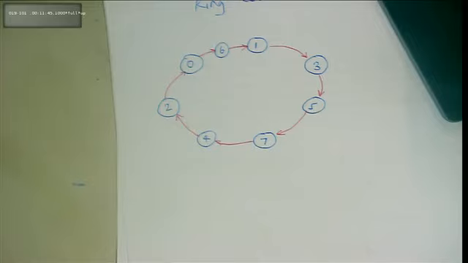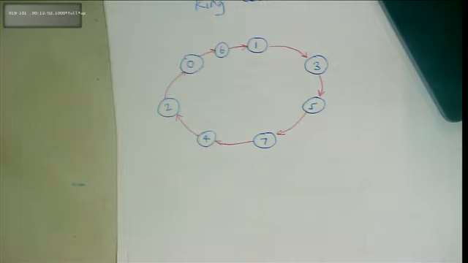Now, what is the largest number? The largest number is 7. Therefore, we can fit this in. How many flip-flops will we need to accommodate the number? How many bits do we need to accommodate the number 7, the largest number? We need 3 bits, right?